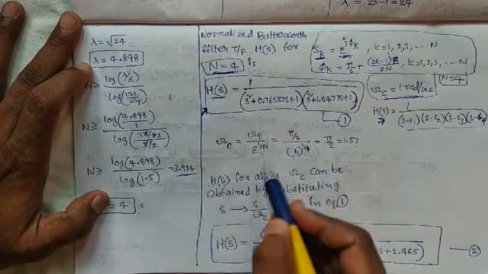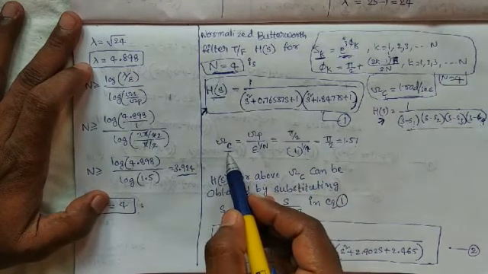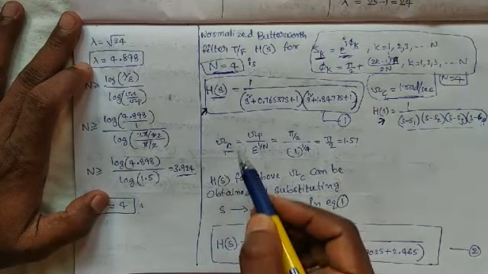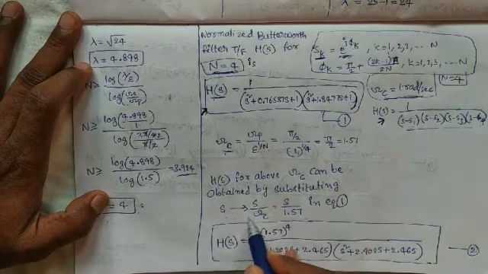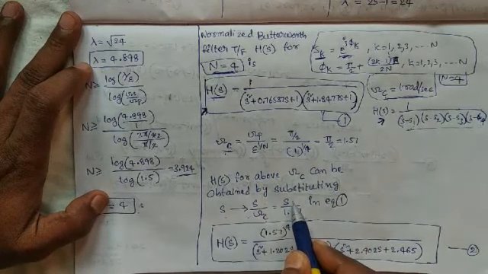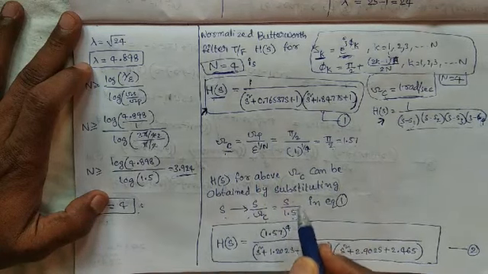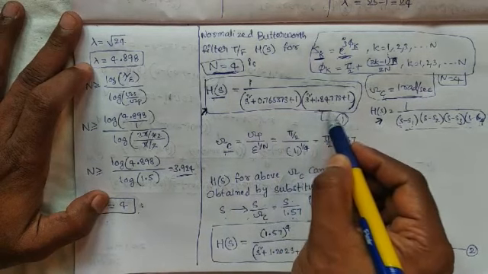Now we are determining H of s for this cutoff frequency. That can be obtained by substituting s tends to s by omega c, that is s by 1.57, in equation 1.